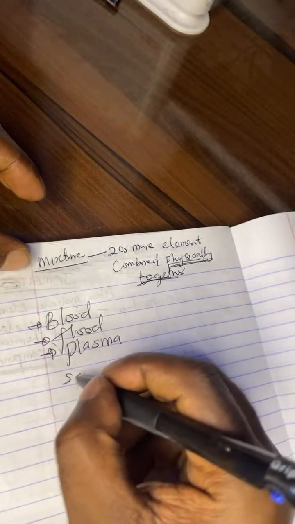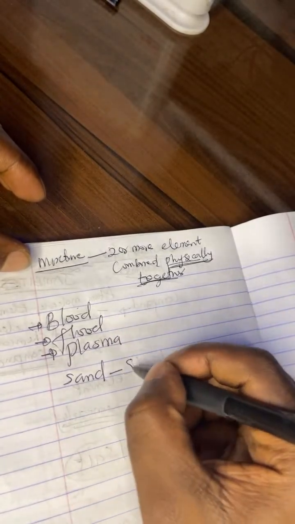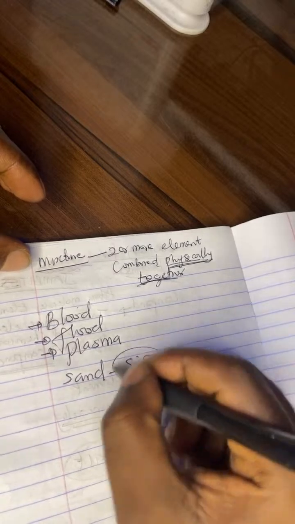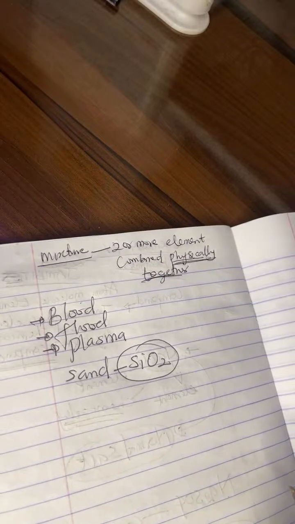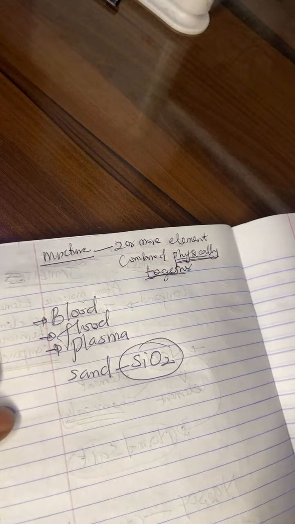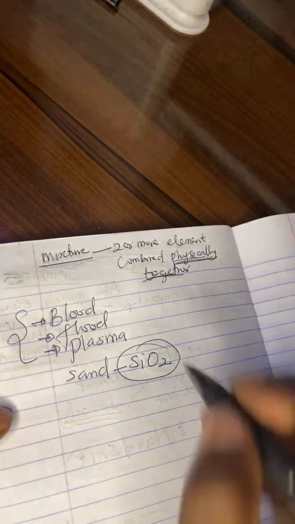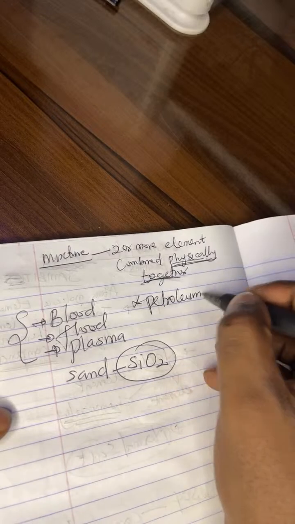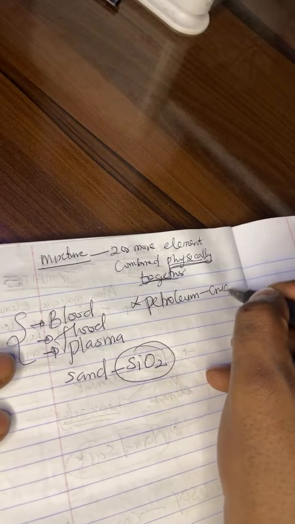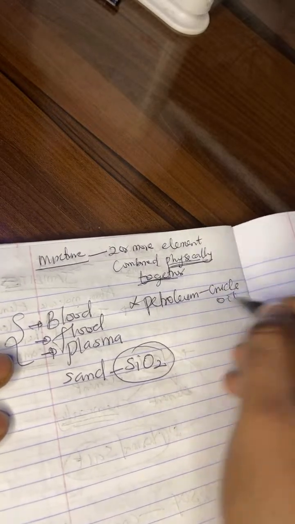But I told you that sand is a compound, SiO2, because it has a chemical formula. So this is a compound. It's not a mixture. These are examples of mixtures. And I also said petroleum. The word petroleum means crude oil, so this is also a mixture.